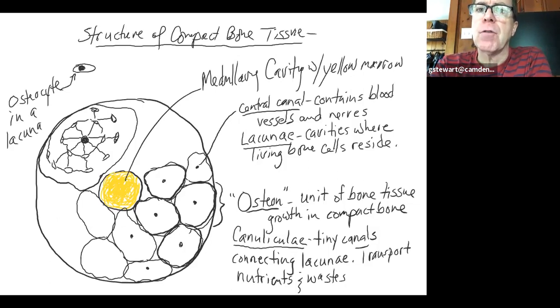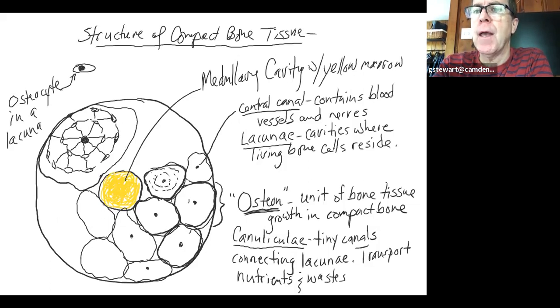This ring-like structure, when we look at it under a microscope, it looks like growth rings of a tree.